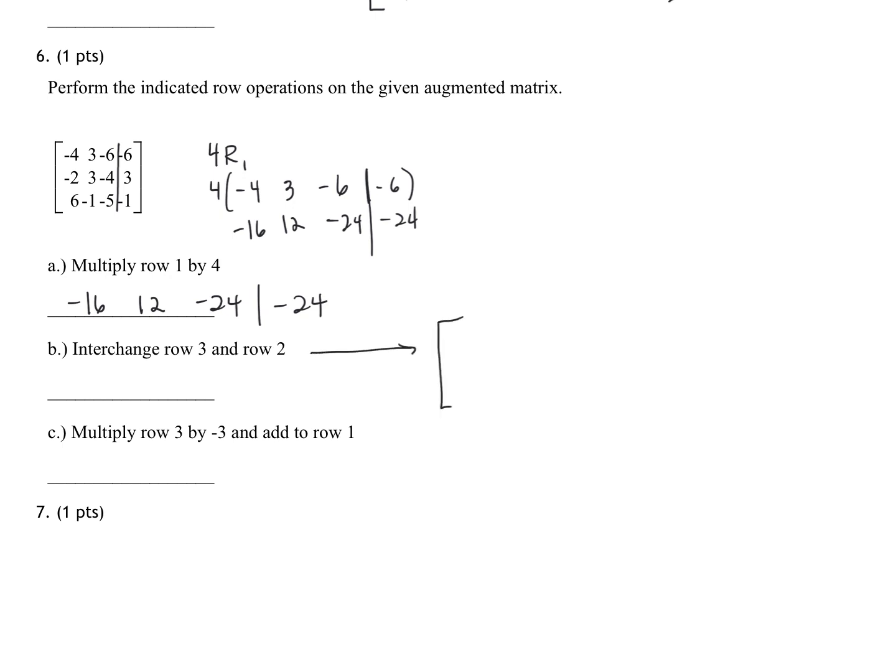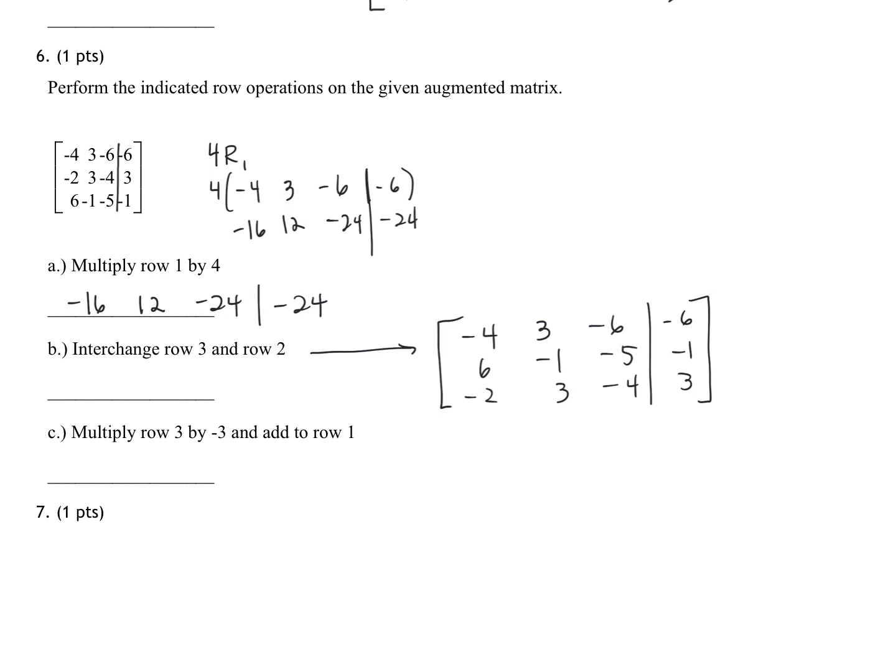So row 1 would stay the same, negative 4, 3, negative 6, negative 6, and then row 3 becomes row 2, so 6, negative 1, negative 5, negative 1, and row 2 becomes row 3, so negative 2, 3, negative 4, 3, and that's it.